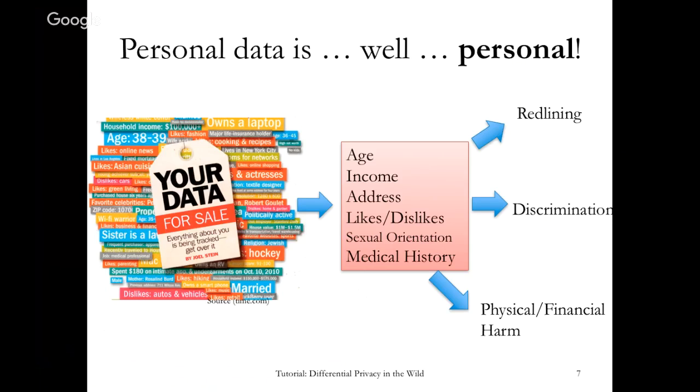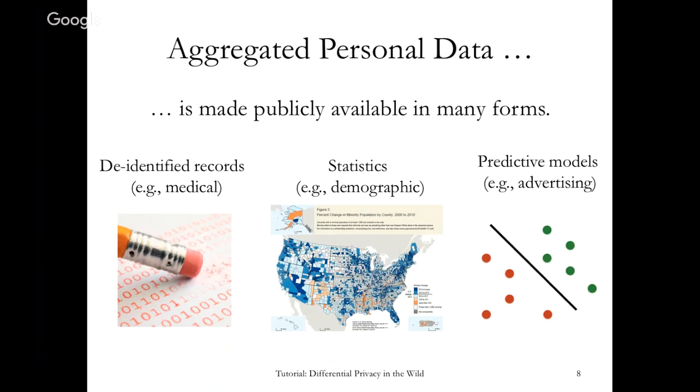Your sexual orientation and medical history can potentially cause physical, financial or psychological harm to you if you are discriminated against based on them. To sum up, aggregated personal data is made publicly available in many forms: as de-identified medical records, as statistics released by, for example, the US Census Bureau, and also as predictive models, which are used for advertising and targeted advertising. Okay?